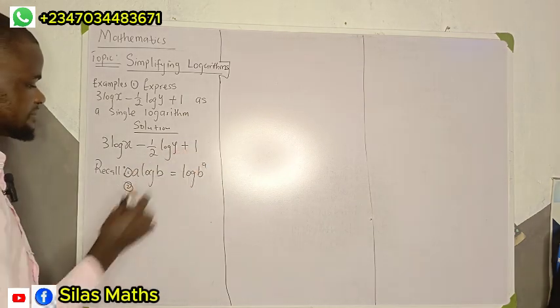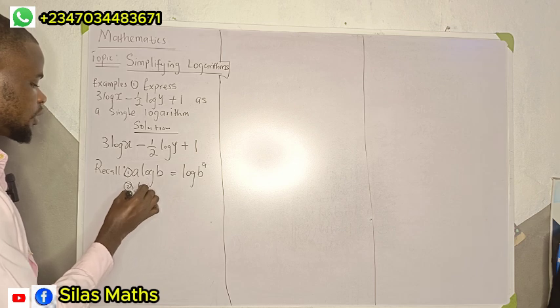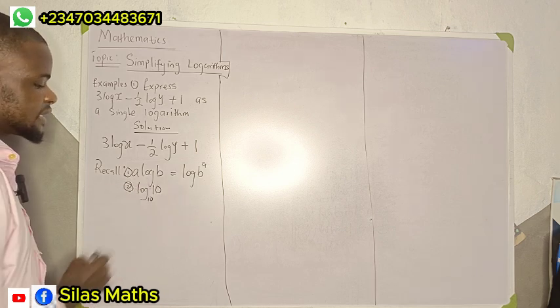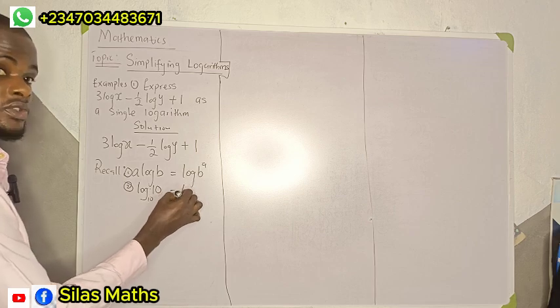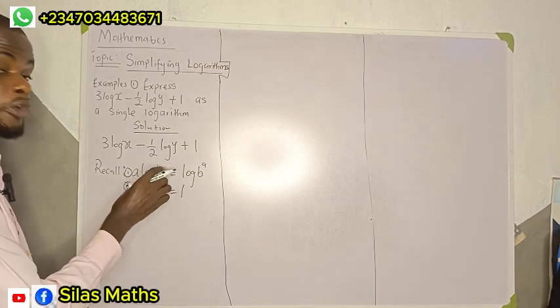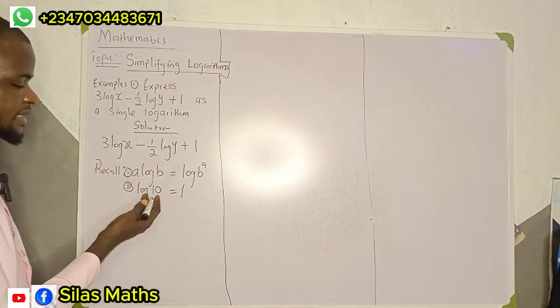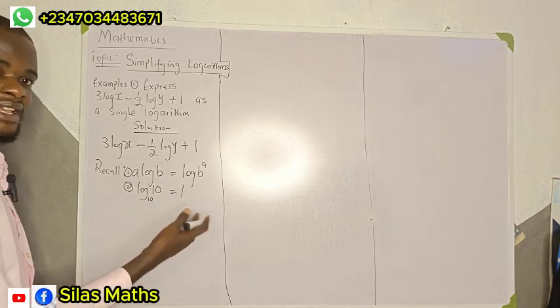Since all of them are in base 10, log 10 base 10 is also equal to what? 1. That is to say, log of a number of the same base is equal to 1. Invariably, I can say log a base a is equal to 1.